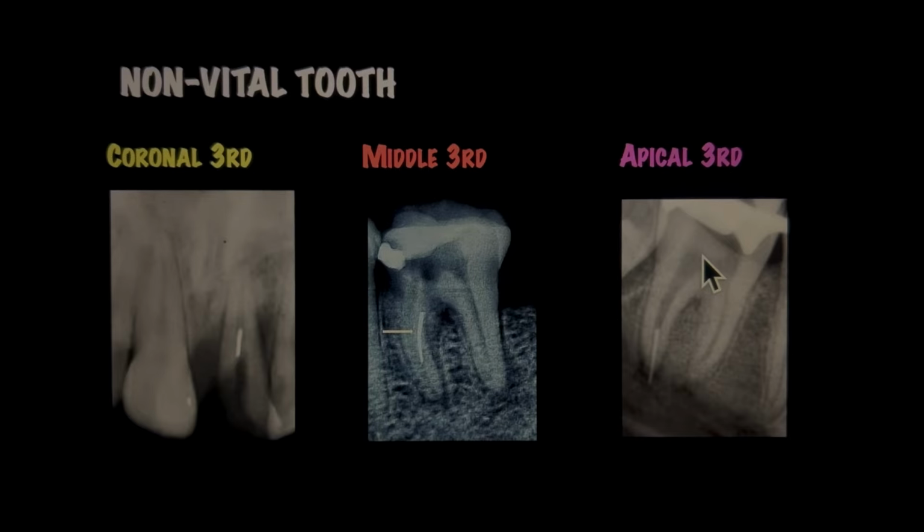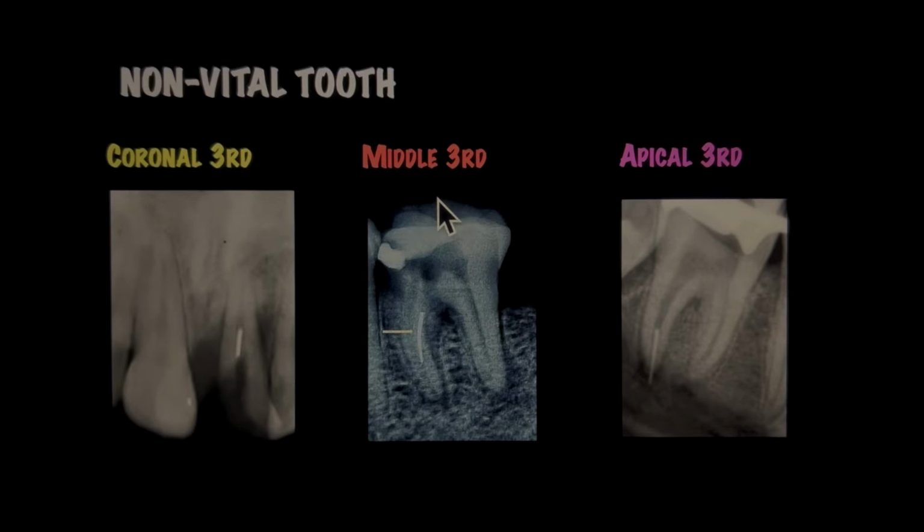But if the cleaning and shaping is not significant and you fracture a file within the canal before that, then what happens? In case of the coronal third, the treatment will be the same. You have to remove it by any way, otherwise the prognosis will be very poor.